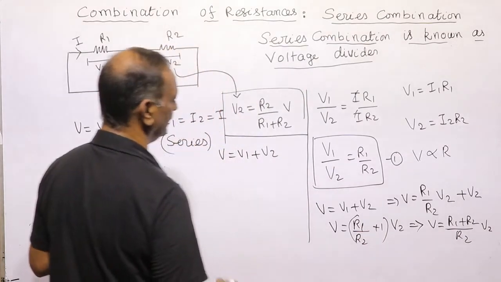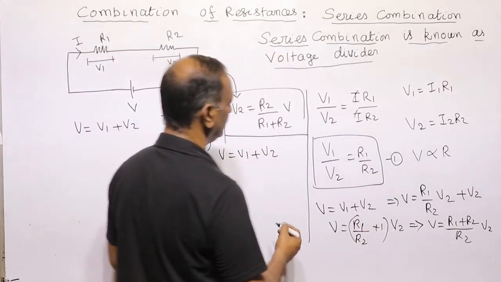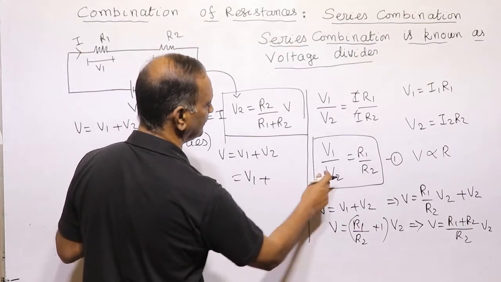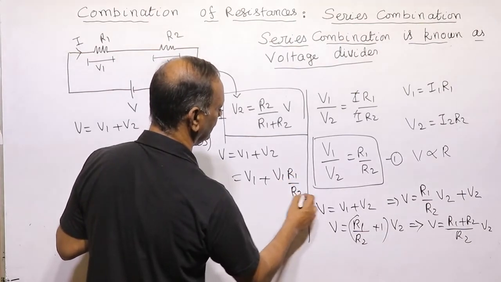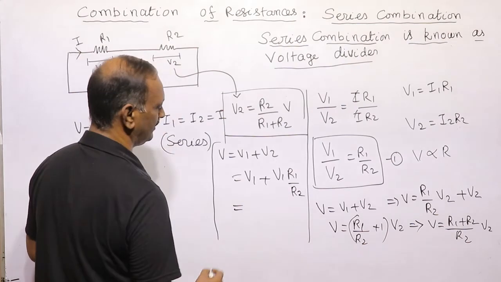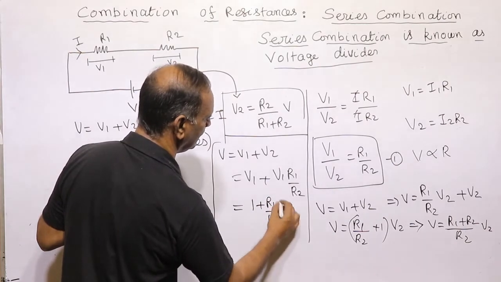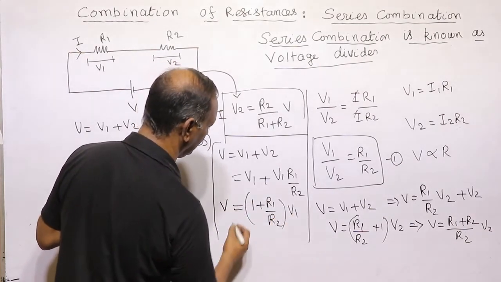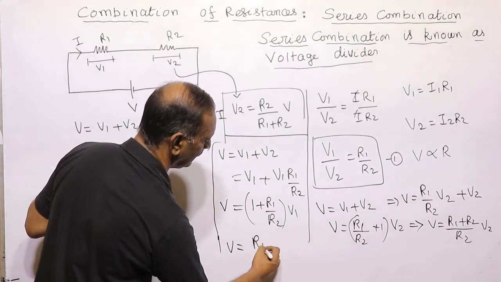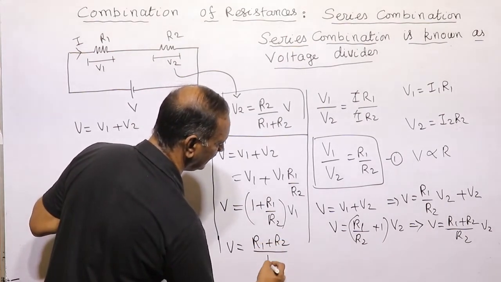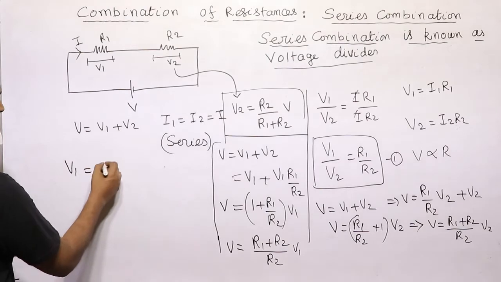Now we substitute V2 in terms of V1: V2 is equal to R2 by R1 into V1, so V is equal to 1 plus R2 by R1 into V1, or V is equal to R1 plus R2 divided by R1 into V1.